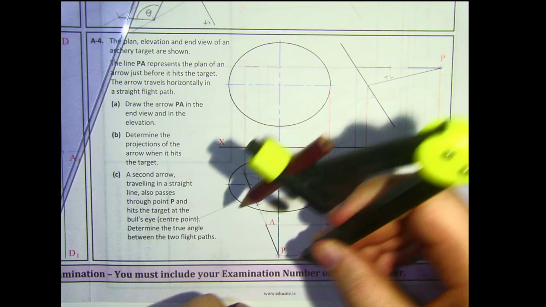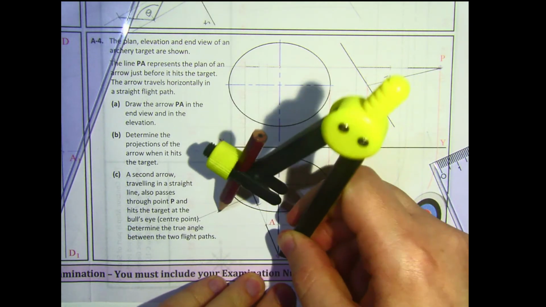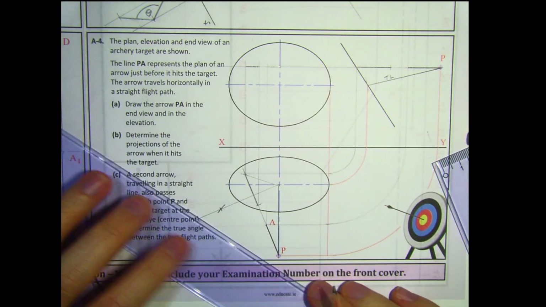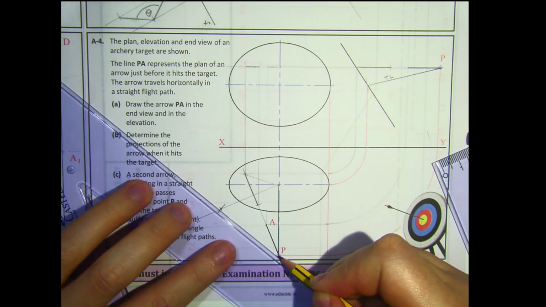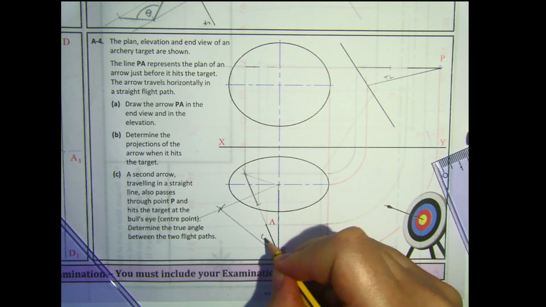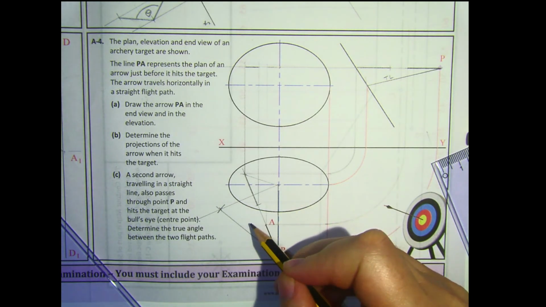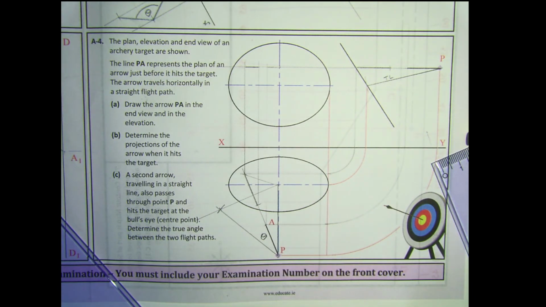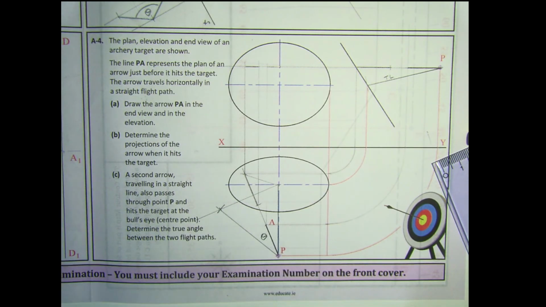Taking that distance here, putting it onto the endpoint, point P, and marking it there. This is the new bullseye point. So taking this line out along this way, this is the true angle between that and this. And that completes the 2017 higher level section A.